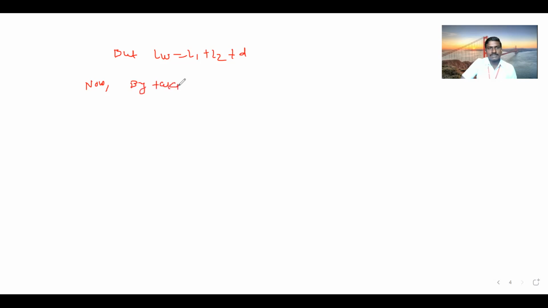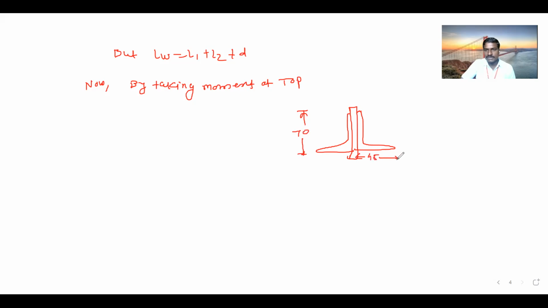by taking moment at top, for that we have to draw the sketch now. So this is your figure. You have to show as per your design and drawing, so that the engineer working on the construction site will know which side you have connected, either 70 or 45.